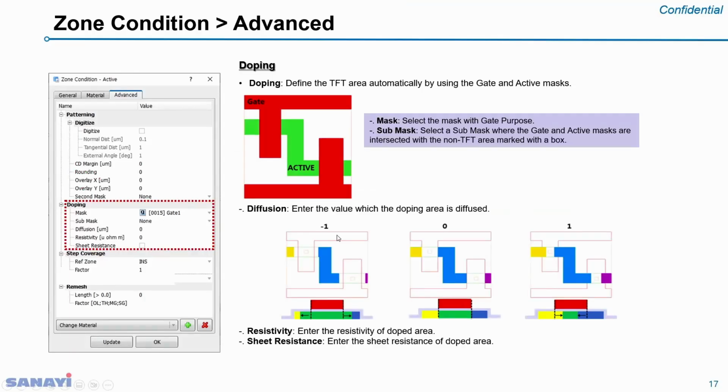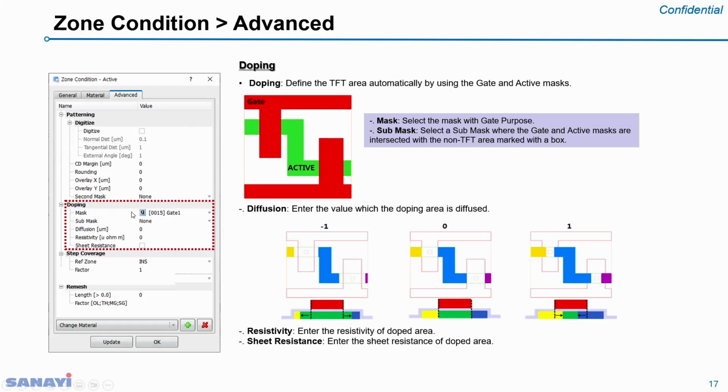Here is a doping option. Except for the area where the active and gate layers are overlapped, like these parts, the remained active layer is changed to metal. The method to use it is as follows.